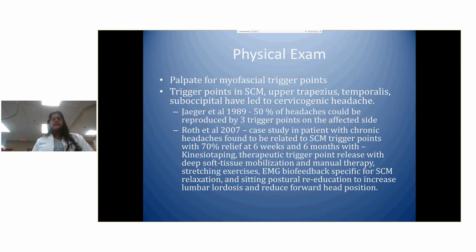What was done in that case study was kinesiotaping of the SCM, therapeutic trigger point release with soft tissue mobilization of the SCM, manual therapy, and stretching exercises. They even used biofeedback with EMG for the SCM to show that certain movements help to relax it versus contract it, and then postural education as well. So I found that interesting: 70% relief with just that one muscle.